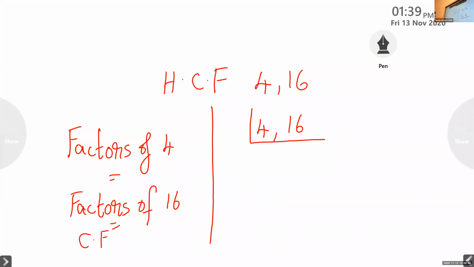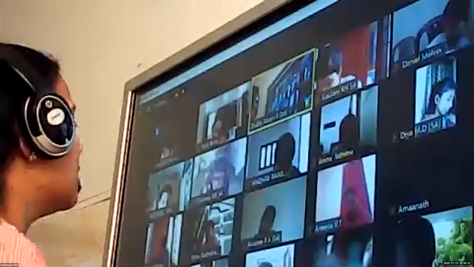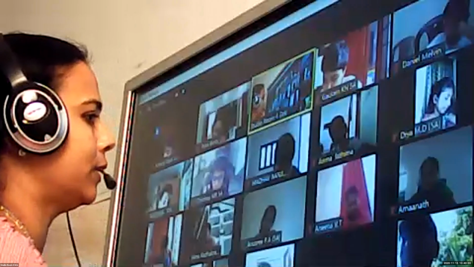From the common factors, you can find the HCF. Two methods we are practicing because 4 and 16 are smaller numbers.